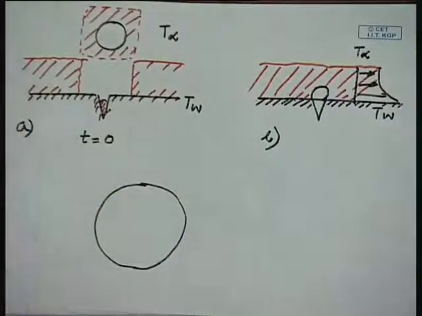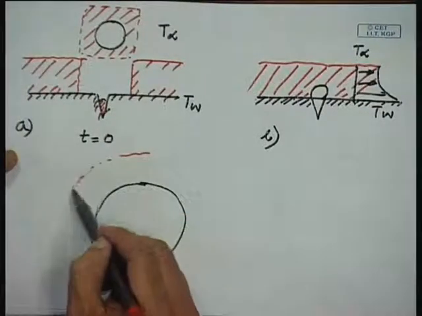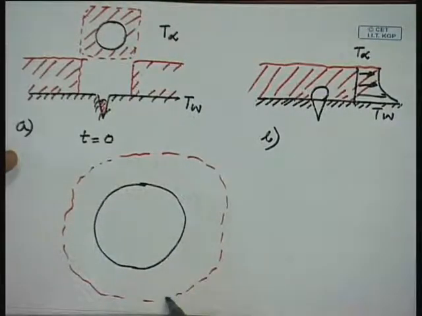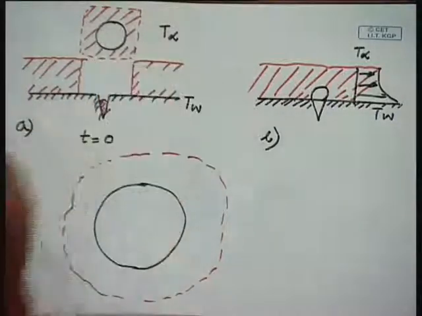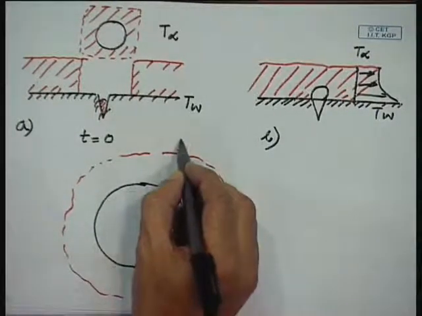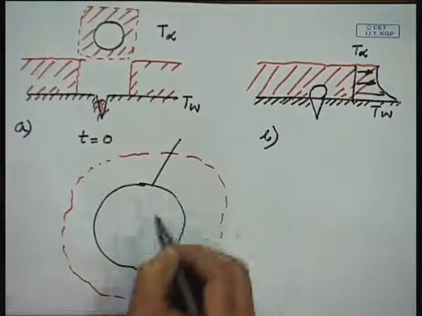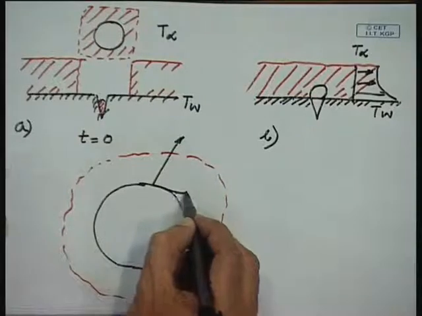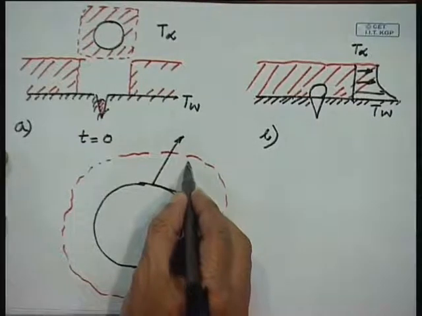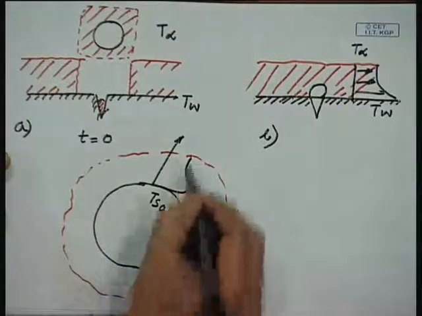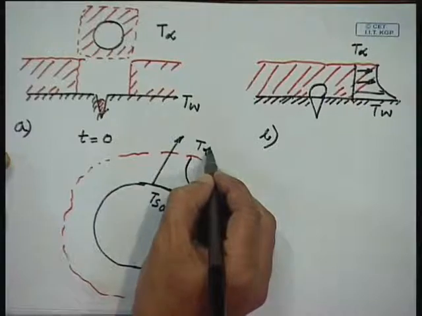Let us say this has created some sort of a jagged liquid layer over the bubble, not exactly rectangular as I have drawn, but some shape like this. Suppose I want to know how the temperature varies along this radial line. It will be something like this. This is your T sat, this is your T infinity.